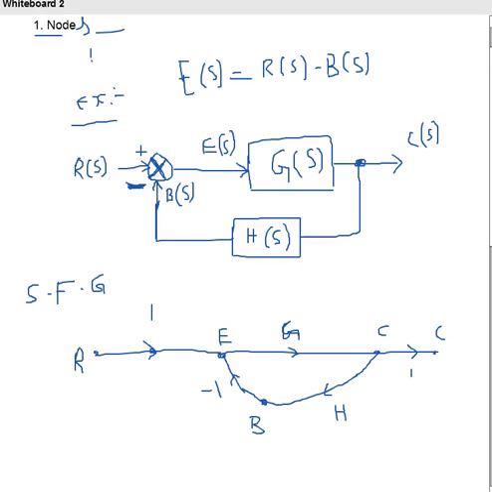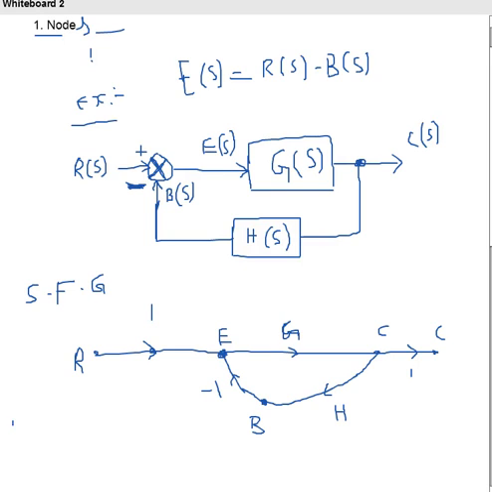R is the input node. Capital R is the input node. C is the output node, E is the error signal, and B is also a node. But G and H are not nodes. G and H are gains. So what is the definition of a node? A node is nothing but a system variable.